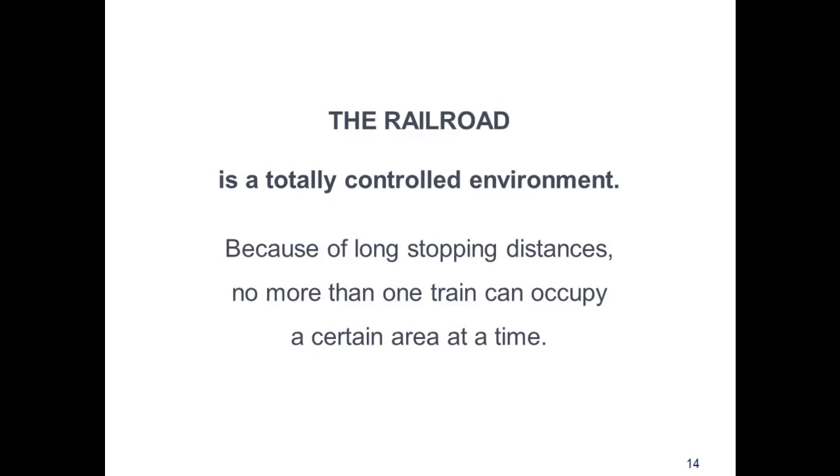The automatic block signals allow only one train in a block. So how does this control manifest itself in dark territory? Okay, in dark territory, there are no track circuits, no signals, but the totally controlled railroad environment still exists. Train movements are directly controlled by dispatchers, communicating via radio to the trains involved.